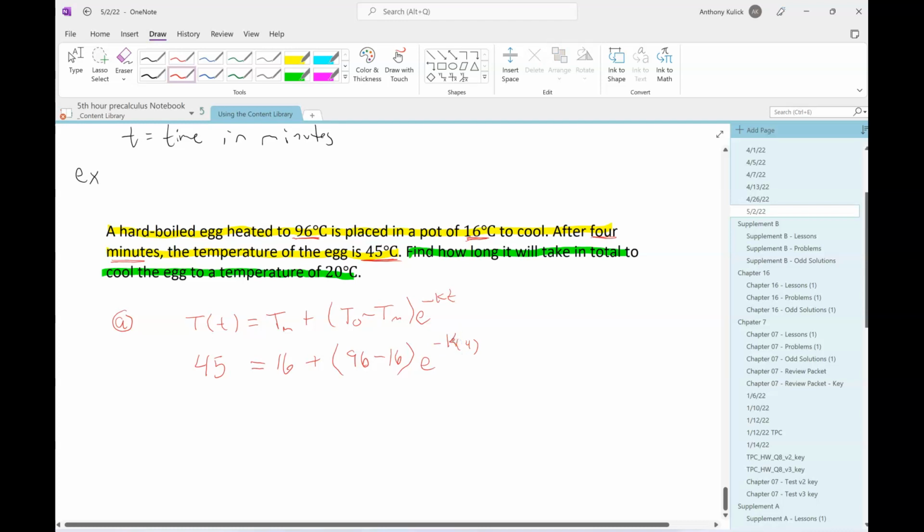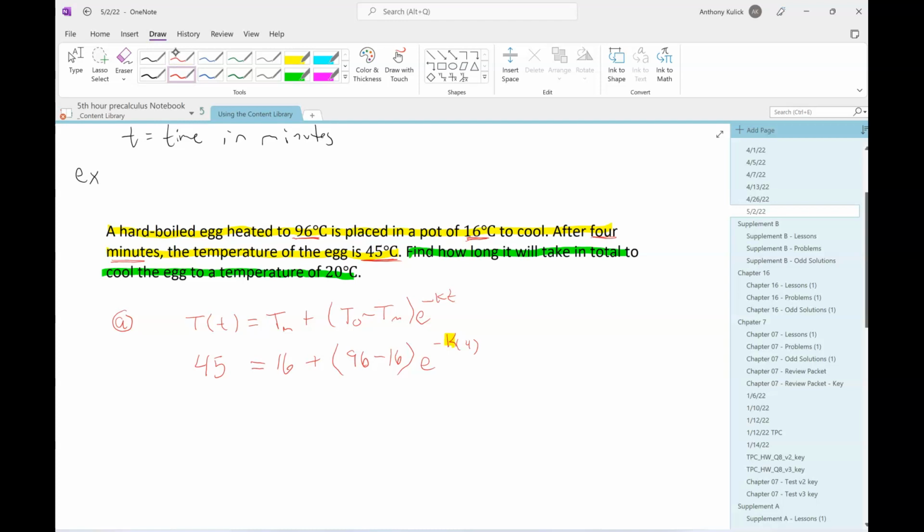So what am I going to be looking for then in this first piece? Have to figure out the constant of cooling for an egg. Everybody cool with that? All right, let's get to it then.